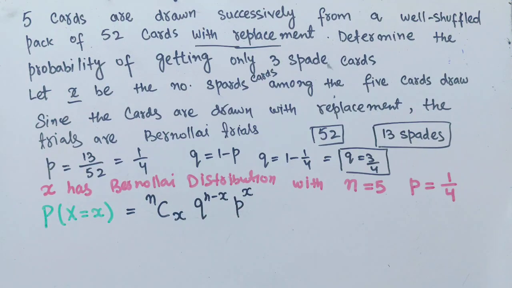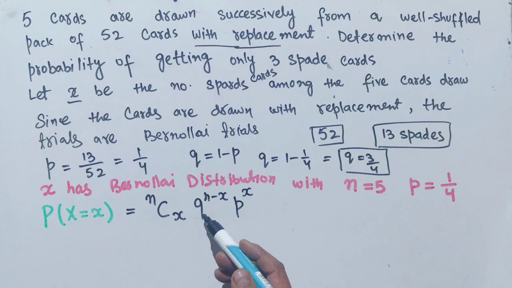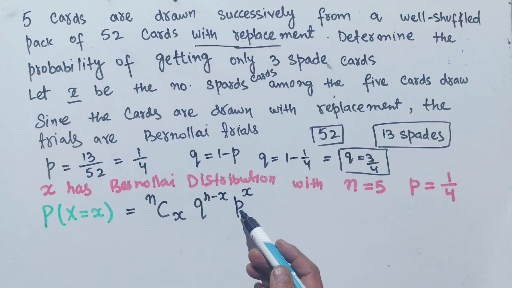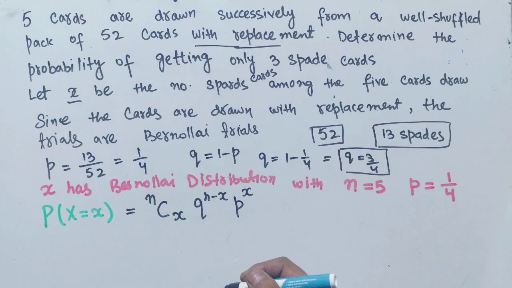This is the distribution formula. nCx means the combination of getting x spades from n cards. q denotes the probability of not getting a spade, and p denotes the probability of getting a spade.